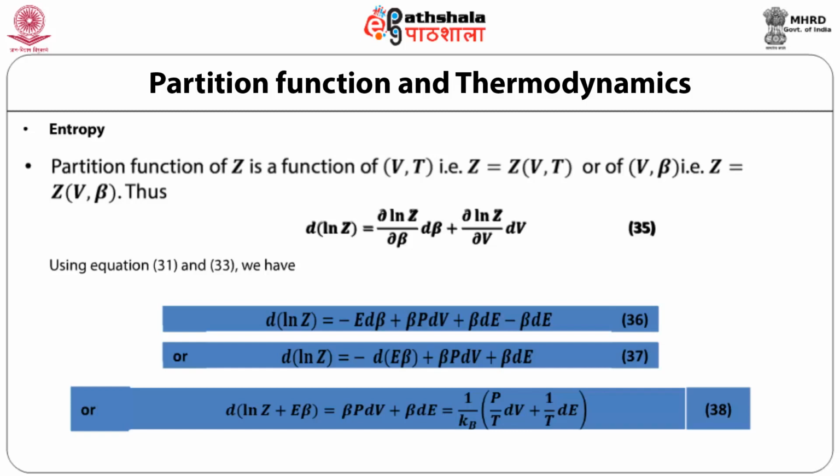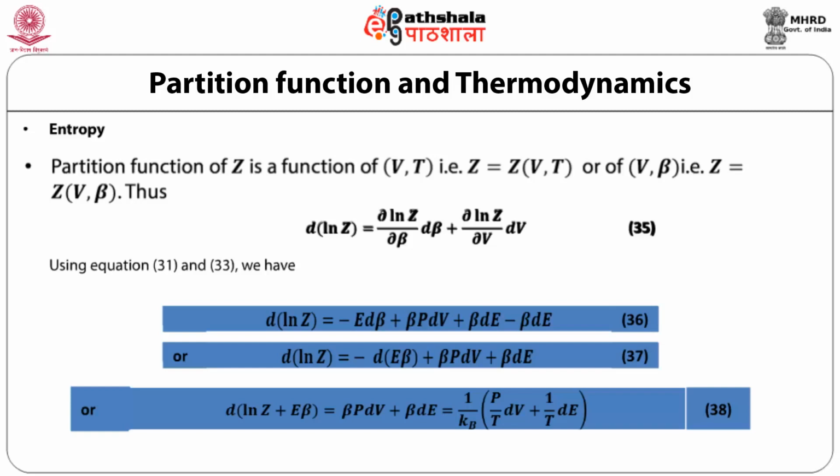Using equations 31 and 33, we have the total differential of log Z equal to minus E d beta plus beta times P dV plus beta times dE minus beta times dE, or the full differential of log of the partition function is equal to minus the differential of E beta plus beta times P dV plus beta times dE.